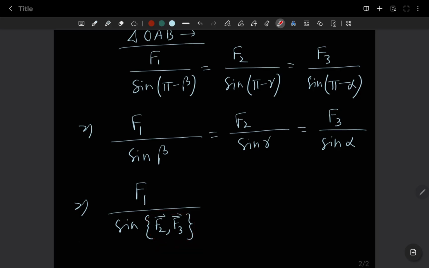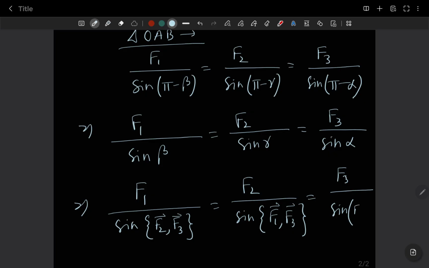Similarly, gamma is the angle between F1 and F3, and alpha is the angle between F1 and F2. Clear? Hence Lami's theorem is proved.